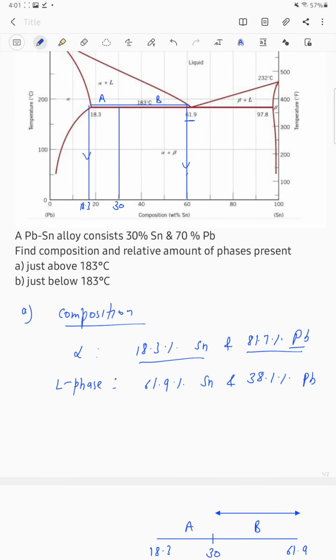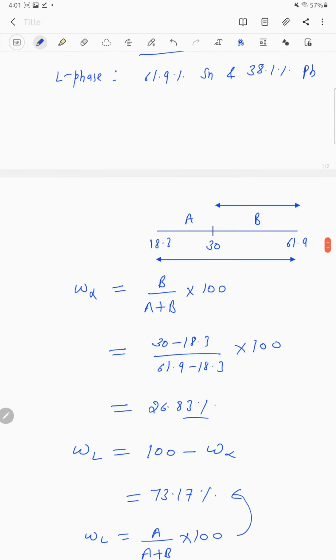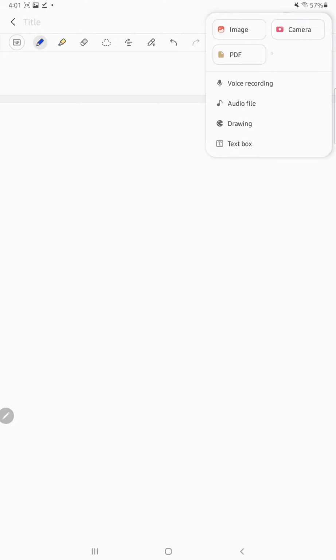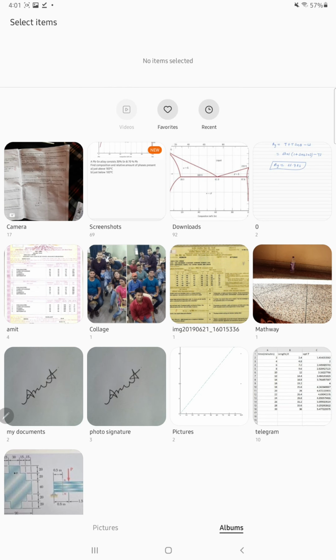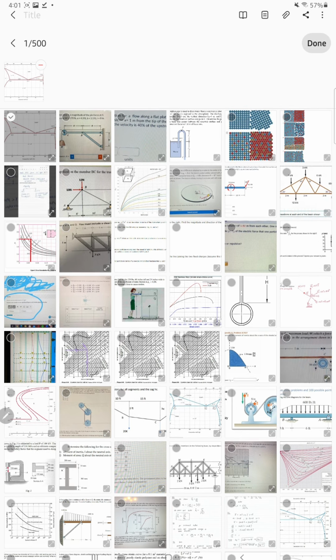Similarly, just below 183 degrees Celsius, what happens? We can take another diagram for simplification. We can attach this image.